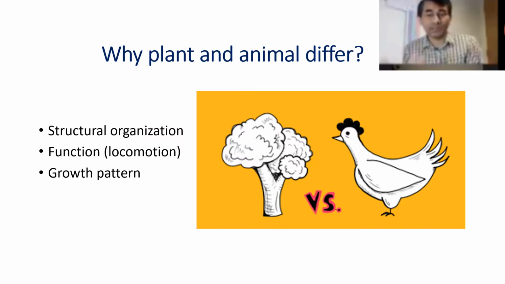So the next question is, are plant and animal tissues the same? And the answer to that is no, they are not the same. Are the plant and animal organ systems the same? Obviously, no, they are not the same. And why are animals and plants different? There are mainly two reasons for this. Because their structure is different.